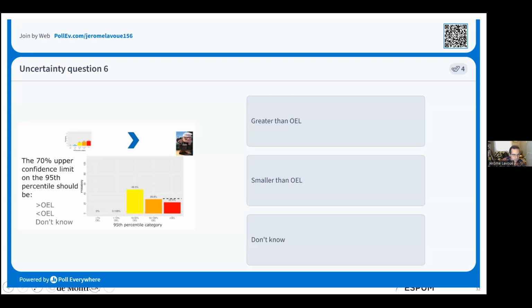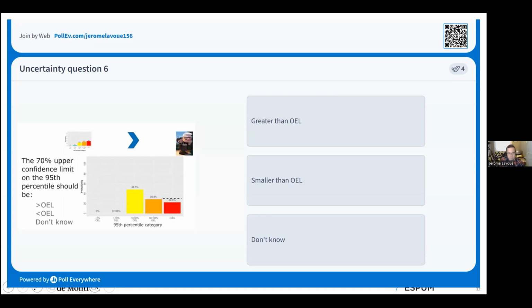We ask whether the 70% upper confidence limit on the 95th percentile is greater than the OEL, smaller than the OEL, or whether there's not enough information provided to decide.